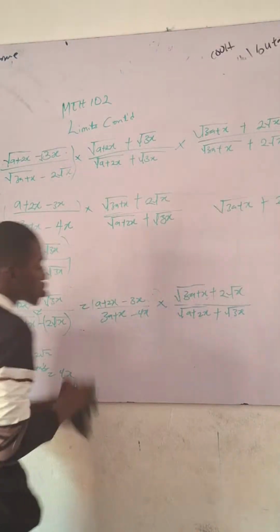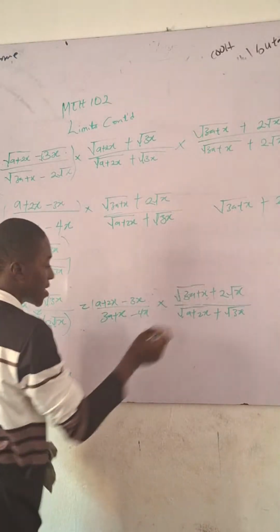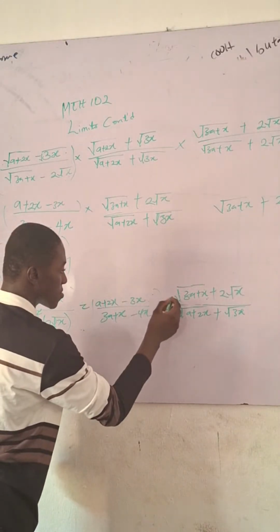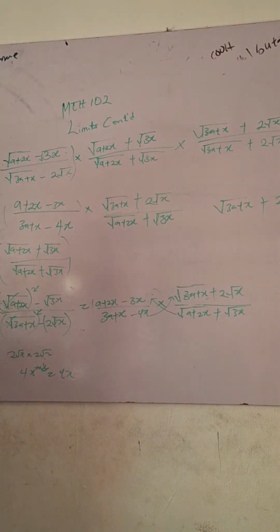So instead of going through this, if you don't understand it, you can just use this method. Square your question, the entire question, then multiply by the conjugate of the lower one. Do you understand? Basically, that's just it.